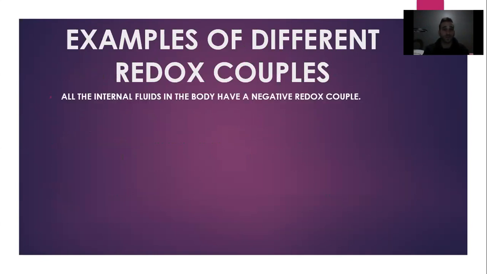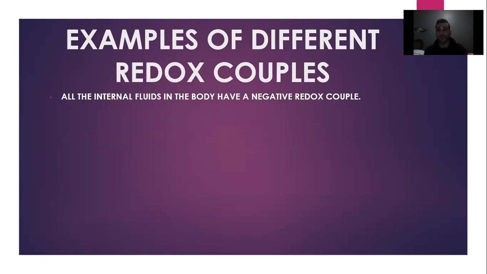All the internal fluids in the body have a negative redox couple. Okay, so that's very important. Not a coincidence. I don't think the body would last or be able to live very long if the fluids in the body had a positive ORP.